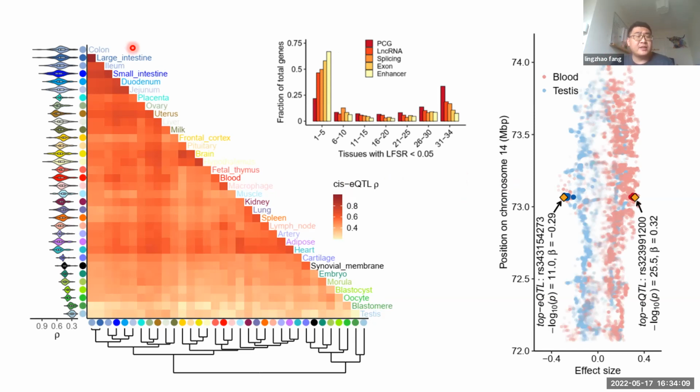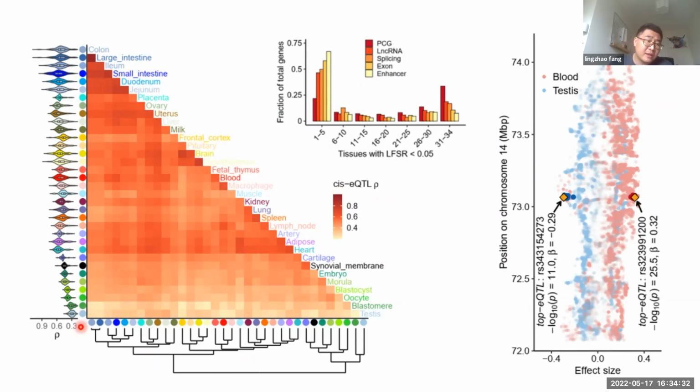And then we clustered the tissues based on the effect size of the cis-eQTLs. In general, you can see that tissues with similar function are clustered together, like all the gut tissues cluster here, the brain regions cluster here, and the immune tissues cluster together.